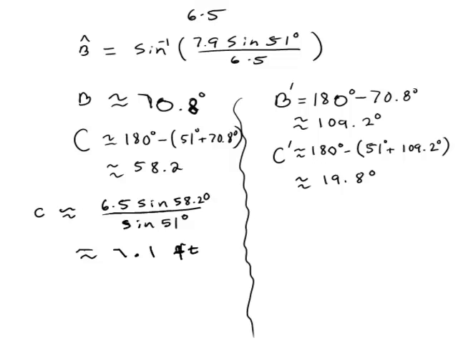Now, using the law of sines, let's find little c prime. Little c prime is going to be approximately, we're going to use A again, so it'll be 6.5 times the sine of c prime, which was 19.8 degrees, and that's all going to be divided by the sine of 51 degrees again.